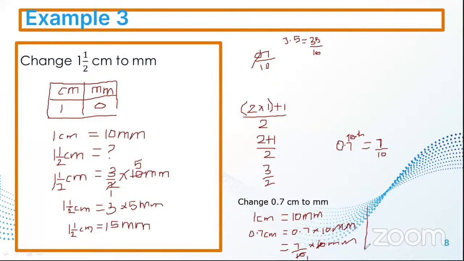So finally you have 7 times 1 millimeters. Esther, what is 7 times 1? You get 7 millimeters. Are you seeing that? Esther, have you understood it?